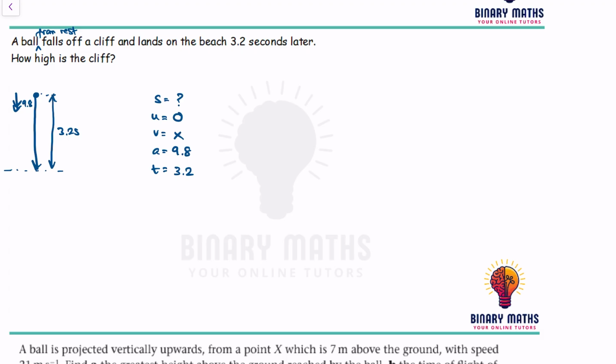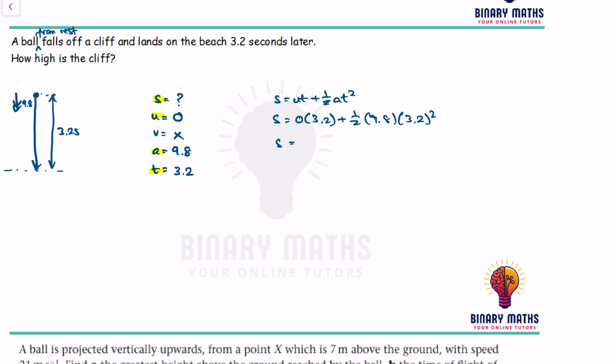So we have in front of us SUAT. So S is equal to UT plus half AT squared. So S is equal to 0 times 3.2 plus half times 9.8 times 3.2 squared.